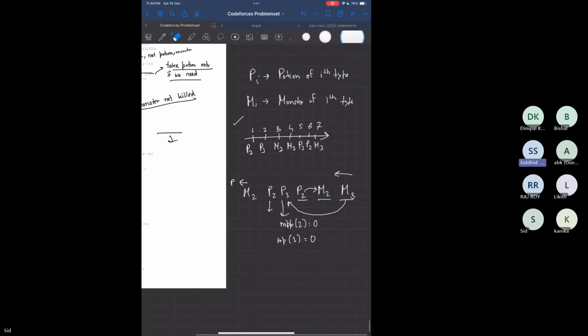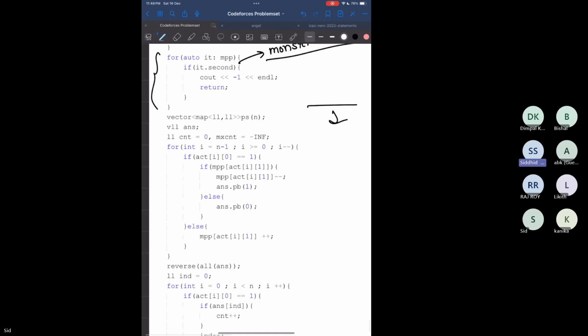Okay. So that's the main idea of this question, that we will iterate from the opposite side in reverse order. Whenever my map of that type is positive, it means there is a monster, and then we can neutralize it by taking a potion. In this question, we also need to output which potions we are taking and which are not.